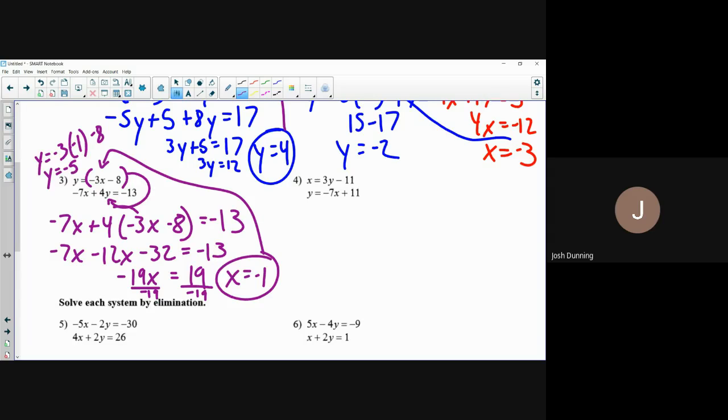Number 4. Oh, this time it's back to x being alone. It says x equals 3y minus 11. Substitute that in for x. And actually on this one, you could have used either one, I guess. Doesn't really matter though.